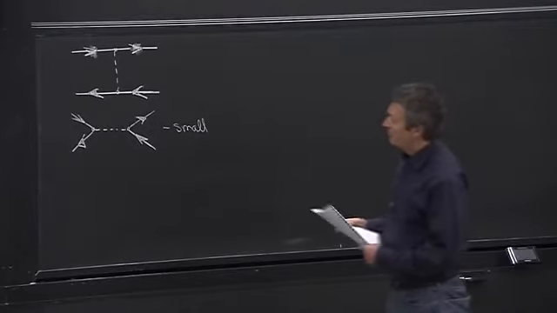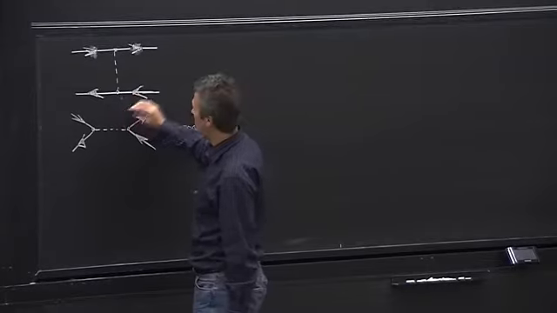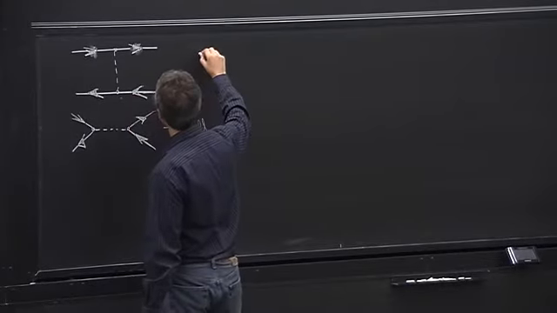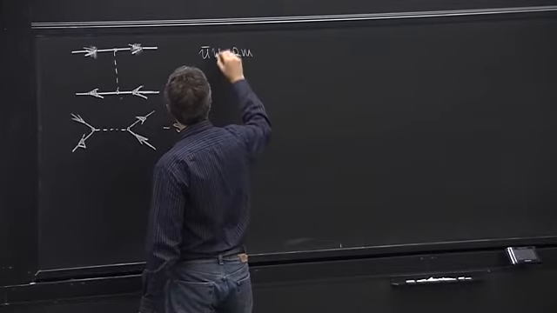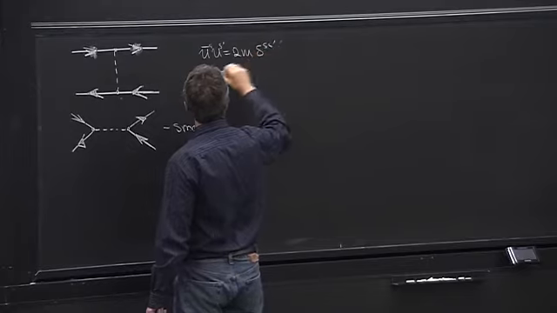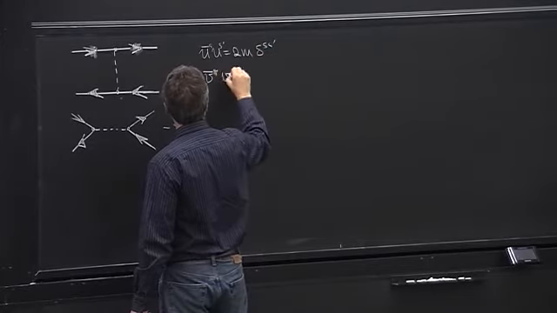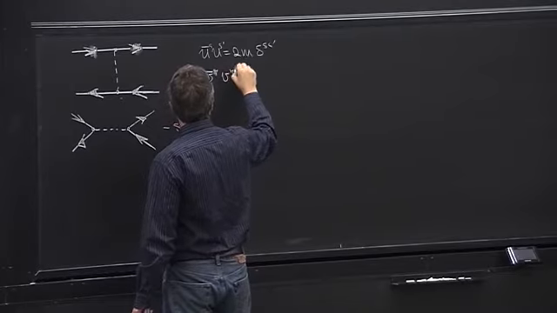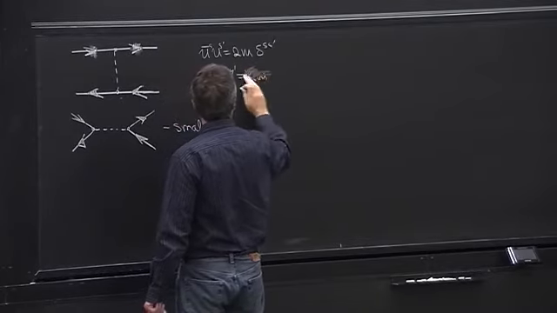In this diagram, compared to the QED case, we use the fact that u bar u is 2m delta s s prime, but v bar v, v r v r prime, is also 2m with the plus.